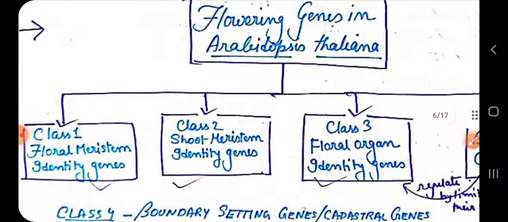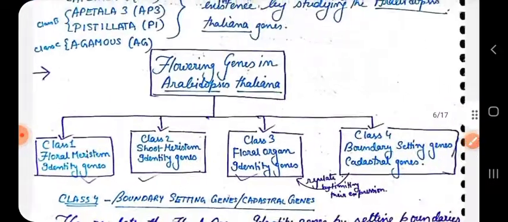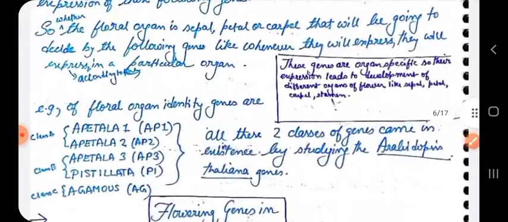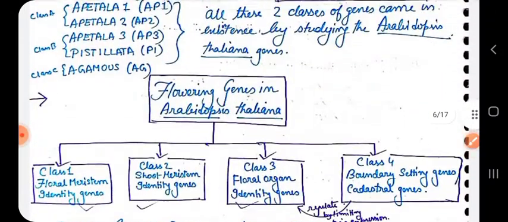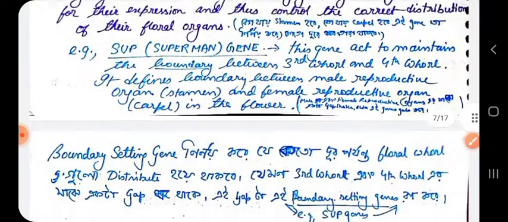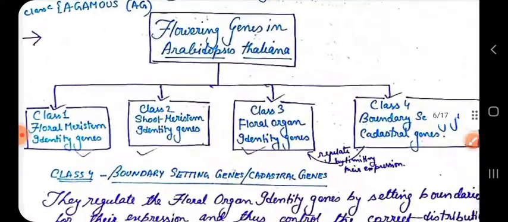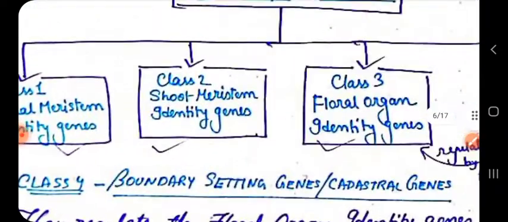Well, where it is written, we have to see. Well, the shoot meristem identity genes is the opposite.